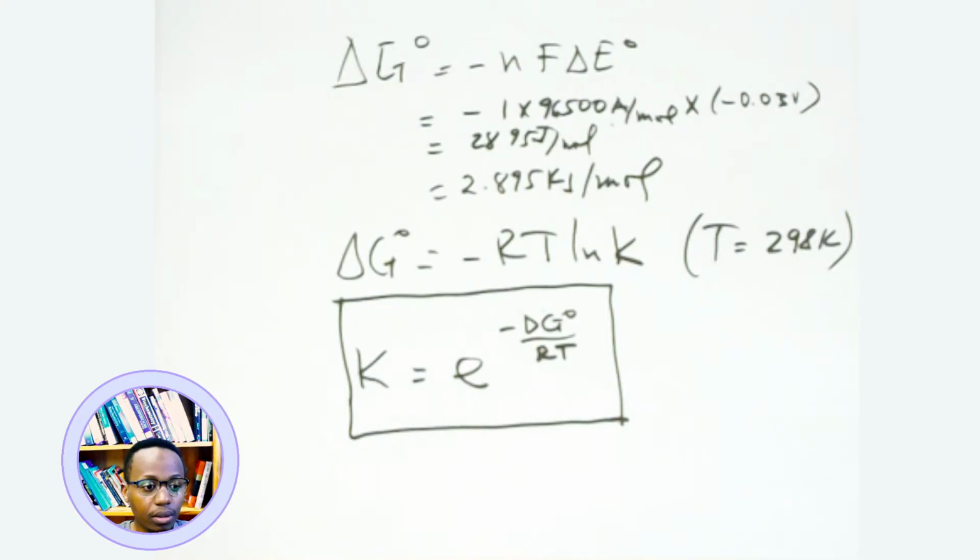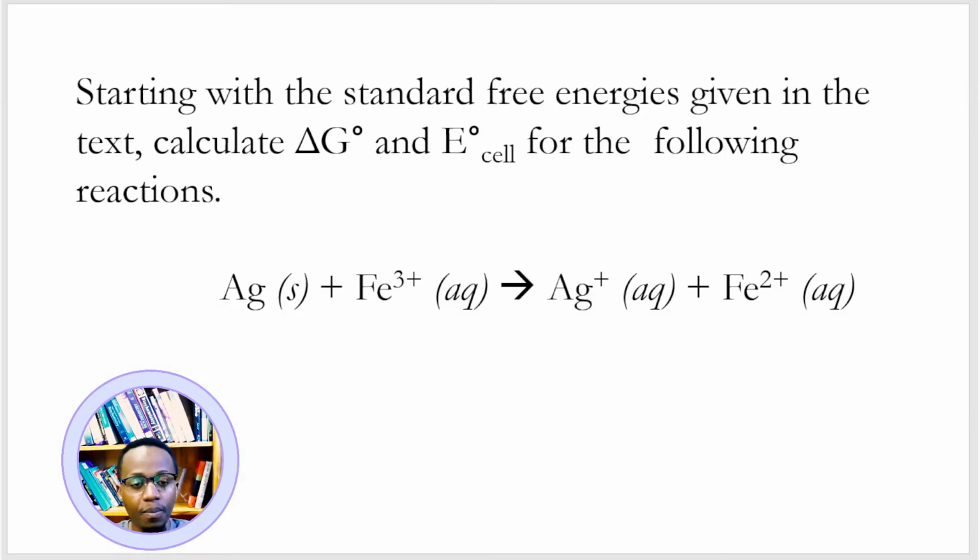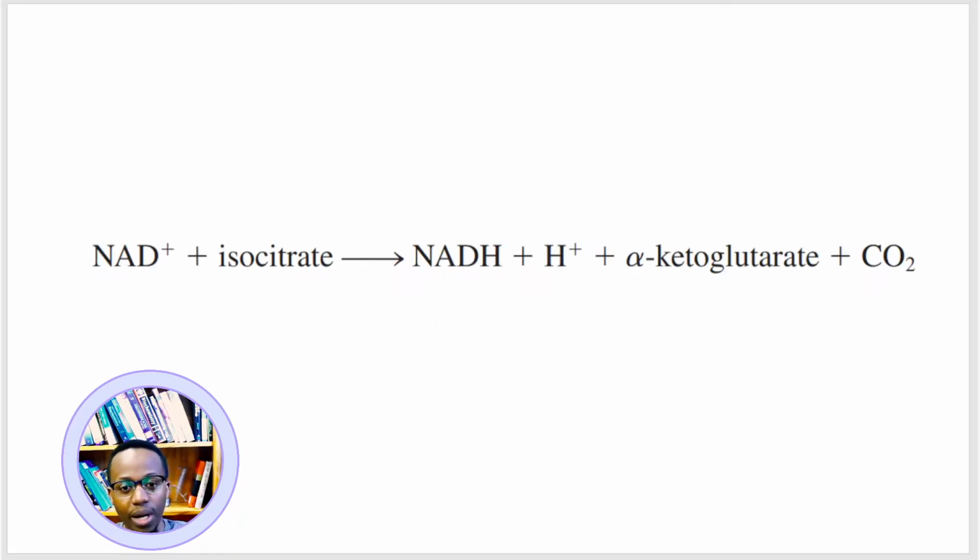Now I can give you a reaction like this, but I can also give you a biochemical reaction, like NAD plus isocitrate is equal to NADH plus H plus alpha ketoglutarate plus CO2.